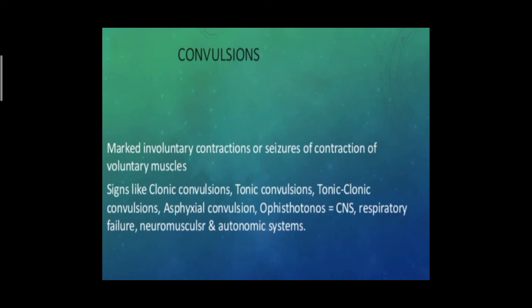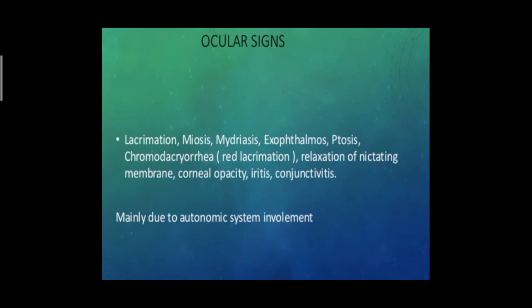So involuntary actions and movements, specifically whether convulsions happen or not, they will collect, and they will check the ocular signs. In the eye, if any conjunctivitis or corneal opacity, iritis, inflammation of the iris, inflammation of the conjunctiva, they will specifically check each and every minor part, tiny parts also.